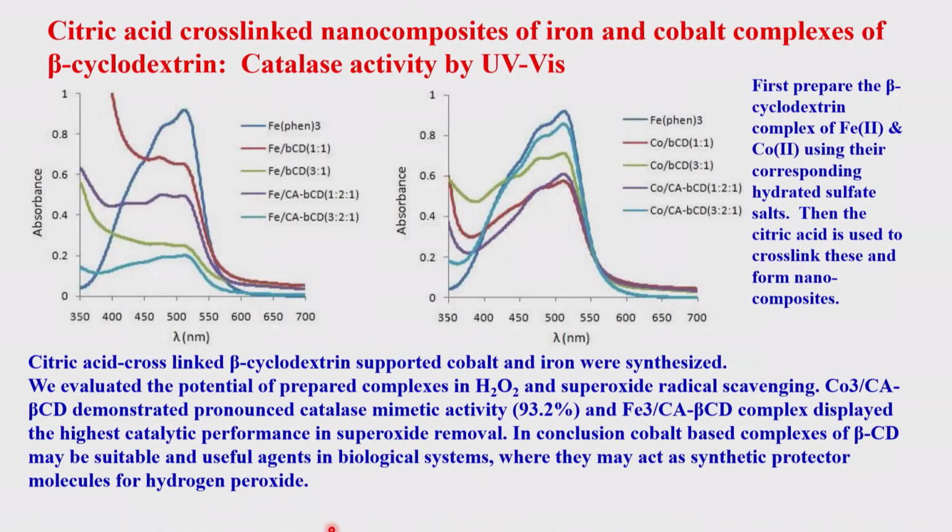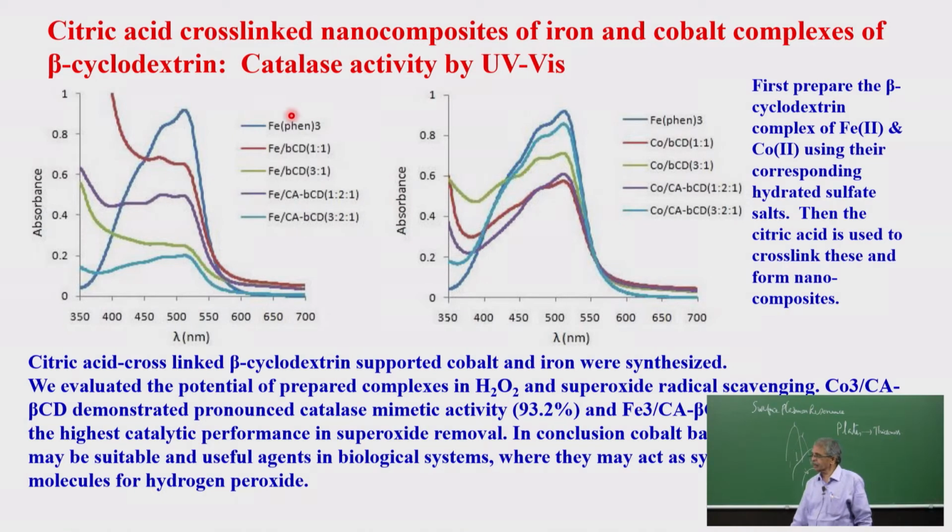You can also have other kinds of things. For example, in many reactions you have some kind of radicals, hydrogen peroxide, peroxy-based radicals, and if one were to remove these, then you get antioxidant activity. This is also referred to as the catechol activity. These are made with iron complexes and cobalt with beta cyclodextrin.